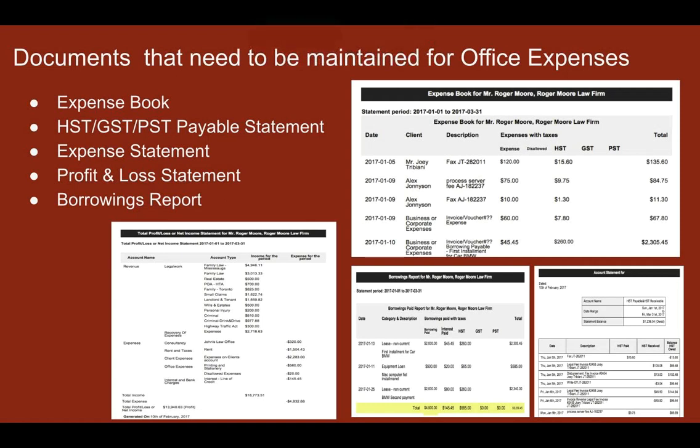Now let's take, for example, the expense report here. The expense report has the date and whoever was the client for whom you paid on behalf, or a vendor to whom you have paid, and then you have a description, and you also have the HST and other expenses captured in there.